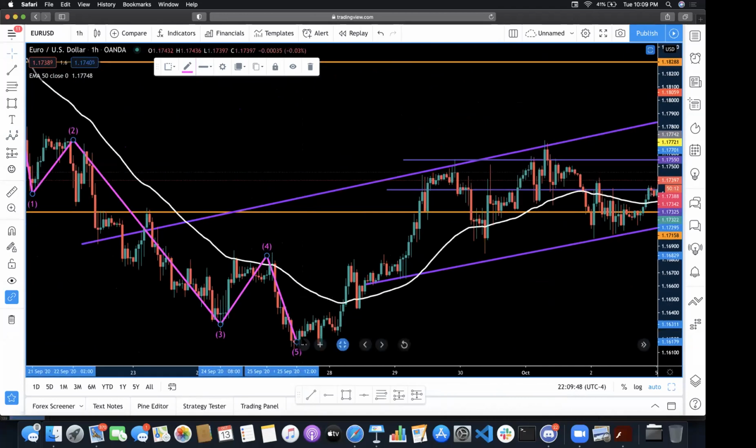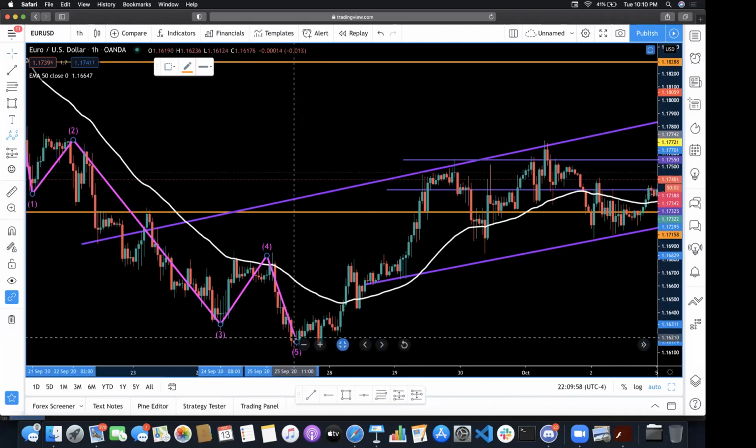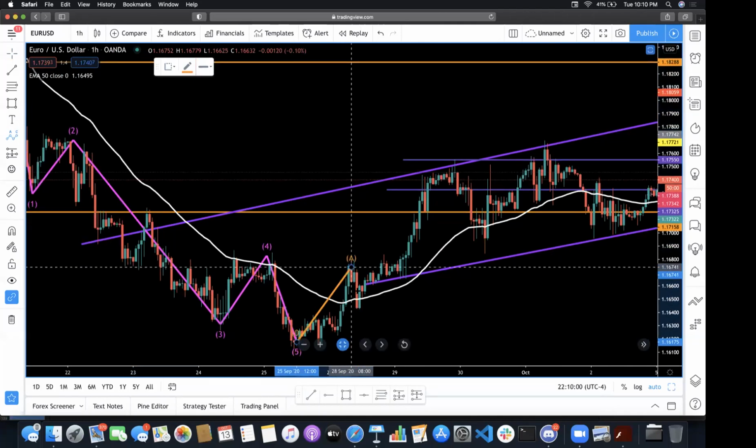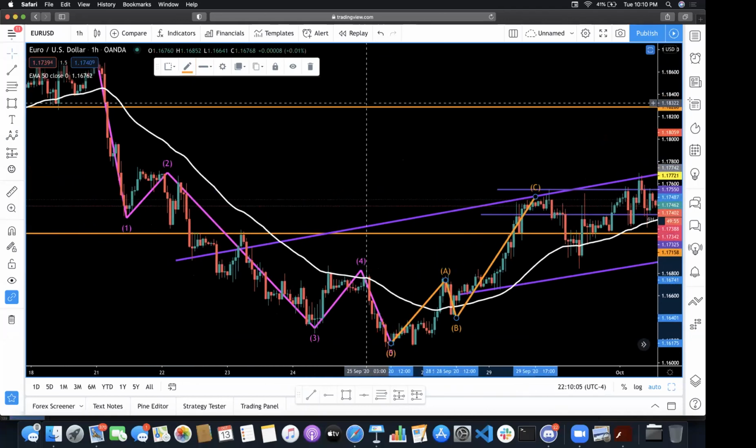But now notice on this A, well, you can do A, B, C. What happened though? On this ABC right here, what happened? It did break structure.